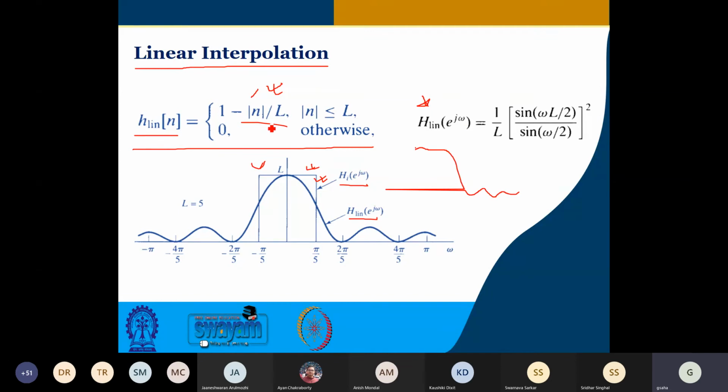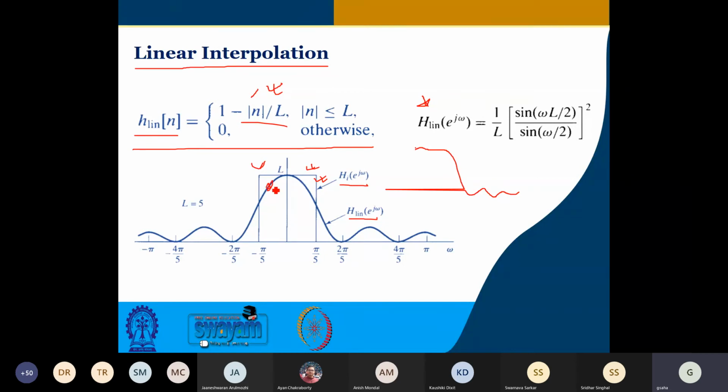Whether you know low pass filter design or not is a different issue. Linear interpolation is a simple mechanism, and if you know low pass filter design, you can employ that. For low pass filters, we have discussed only FIR; we shall discuss IIR also shortly. You can use FIR or IIR, and you will get a relationship which is better than this one.